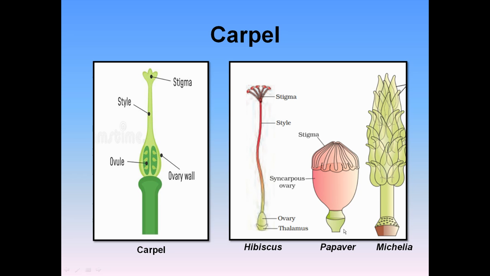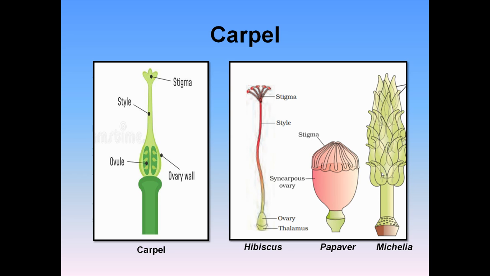And in case of papaver, all of the pistils or carpels are fused. You can see these are fused together to form a single gynoecium. And this situation is referred to as what? That is syncarpous. Now look at the case of Michelia. In Michelia, the pistils or carpels are present as separate entities and are not fused together to form a single gynoecium.